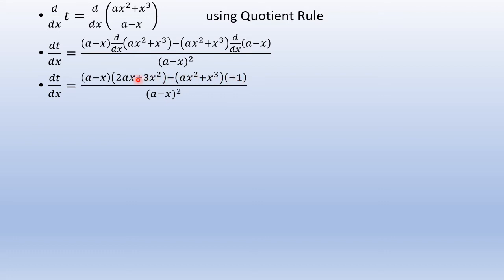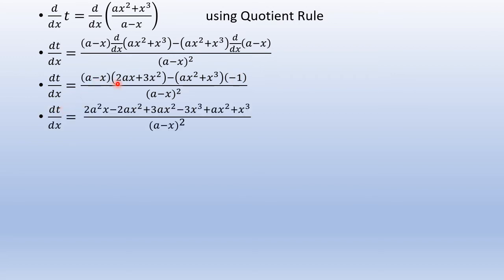Now open up all these brackets. So you get dt by dx equal to 2a square x minus 2ax square plus 3ax square and minus 3x cube. Here it is. Then minus minus becomes plus and we get ax square plus x cube. Now simplify all the terms and you will get 2a square x.